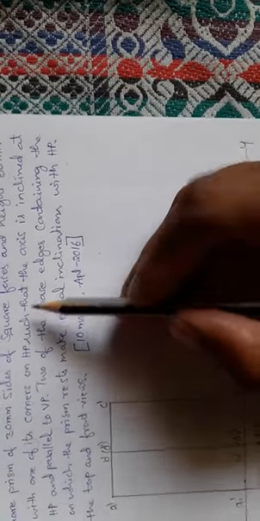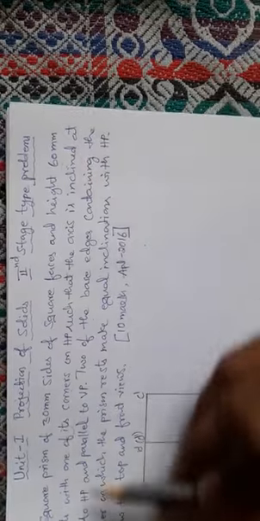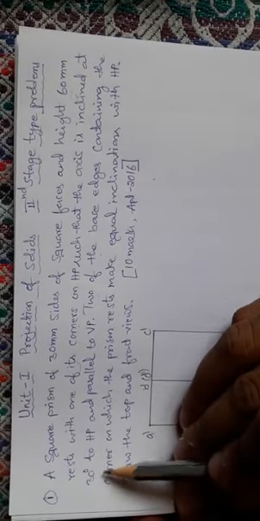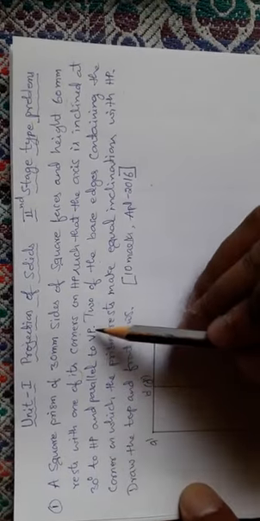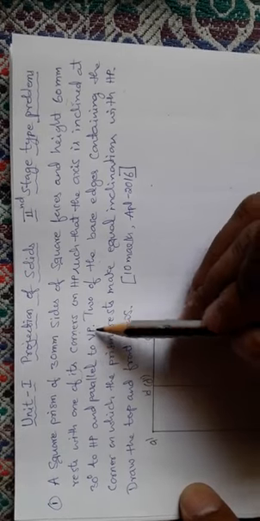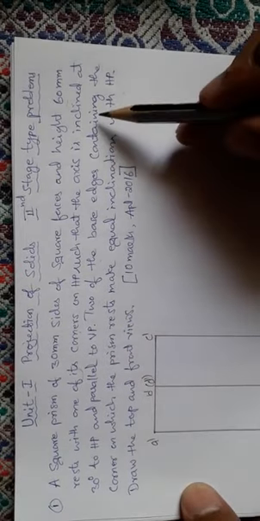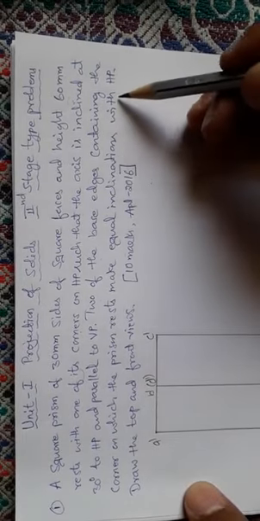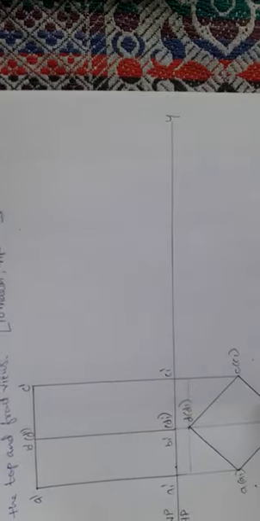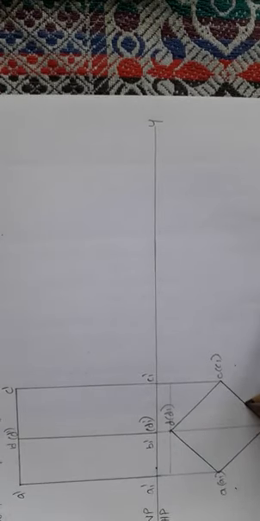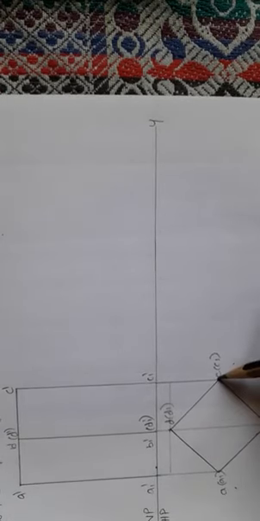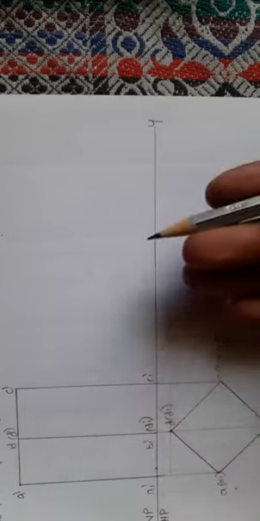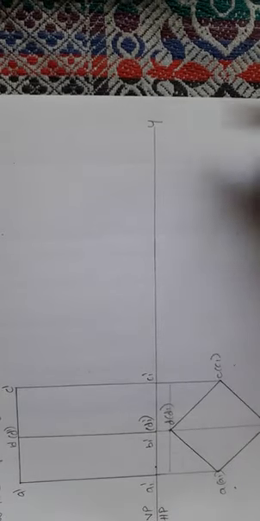And as per the question, the axis is inclined at 30 degrees to HP and parallel to VP. The two base edges containing the corner on which the prism rests make equal inclination with the HP. So these are the two base edges that meet at the corner. This corner is on the HP.